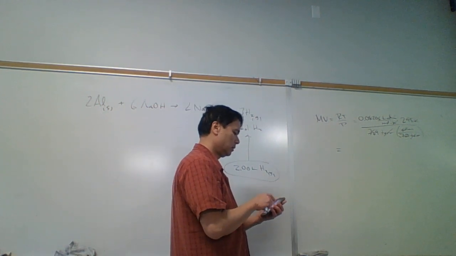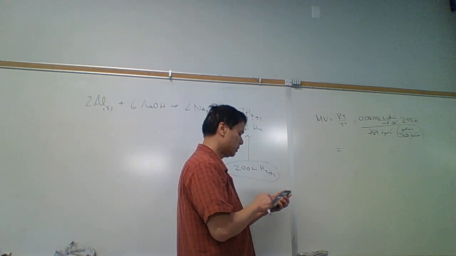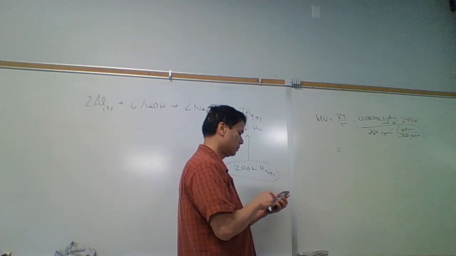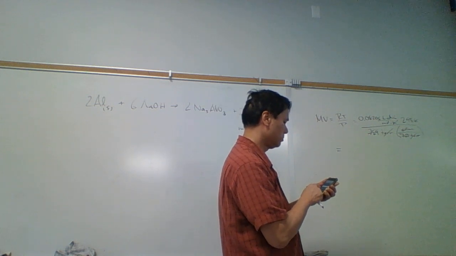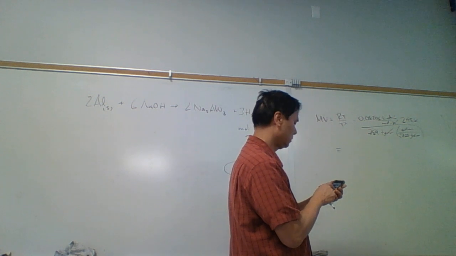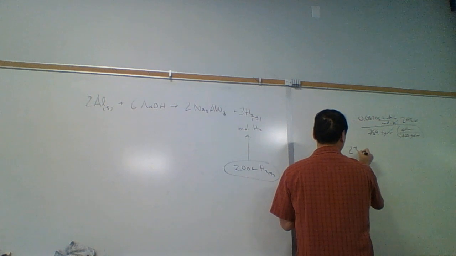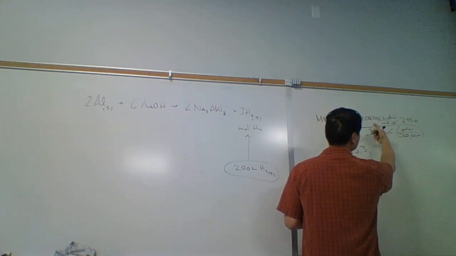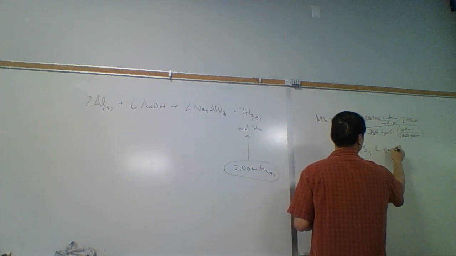So I'll just do 0.08206 times 295 divided by 789 times 760, and it comes out to 23.31. How many sig figs am I allowed? 23.31 liters of gas per mole of gas.